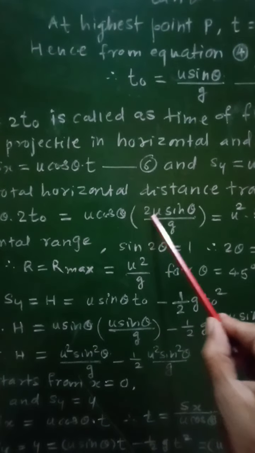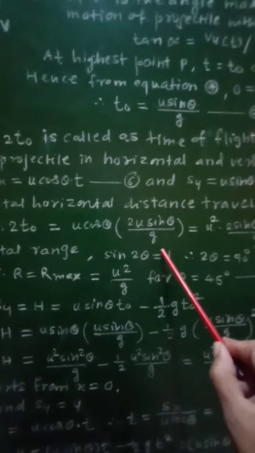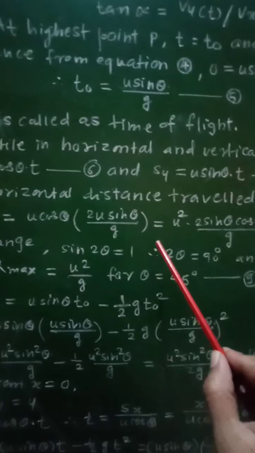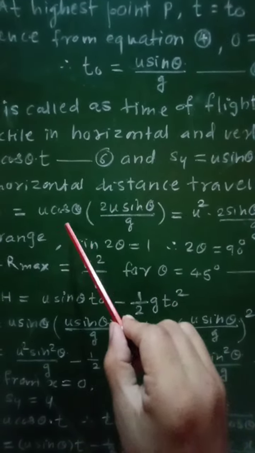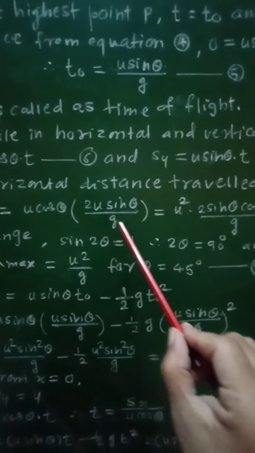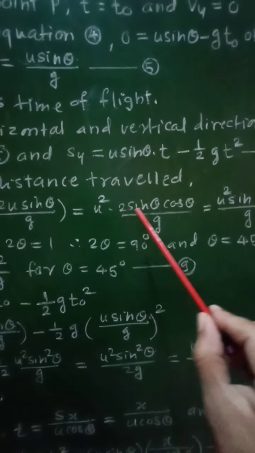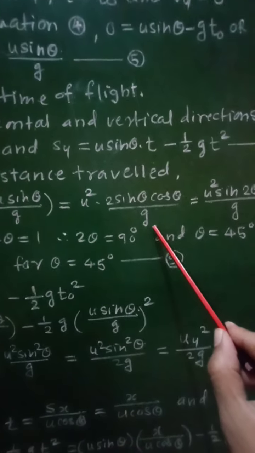So it is 2t0, that is 2u sin theta upon g, and therefore this will be written as u square, and then 2 sin theta cos theta upon g.